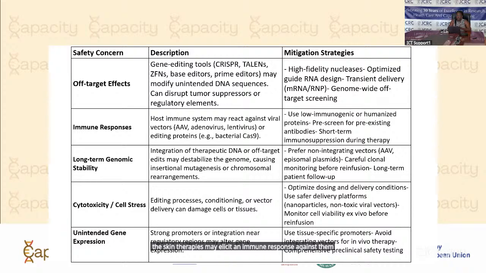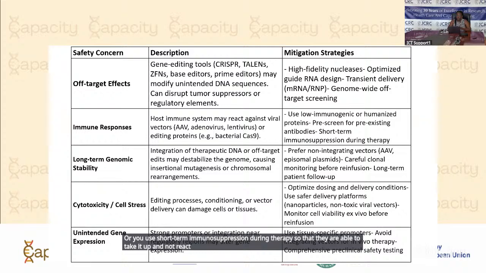So that's why there is a shift from viral vectors towards things like lipid nanoparticles or gold nanoparticles in order to avoid that immune response. But also to mitigate that, you can pre-screen these individuals so that you use the most appropriate delivery mechanism for them, or you use short-term immunosuppression during therapy so that they are able to take it up and not react to it.